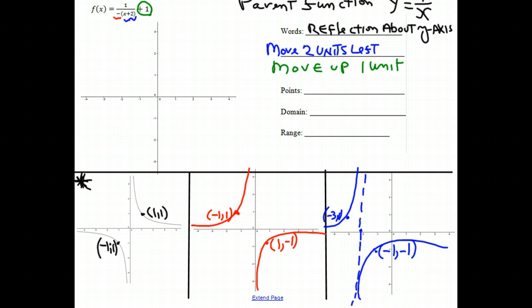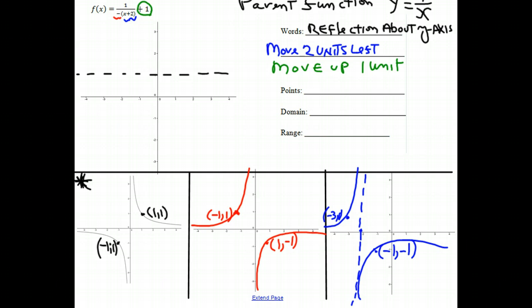Our last transformation is to move the whole graph up 1 unit. The easiest way to do that is to move the asymptotes up 1 unit. Since the x-axis is an asymptote, we move it up 1. So we'll sketch in our asymptote.